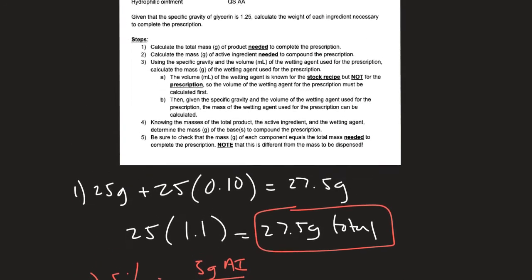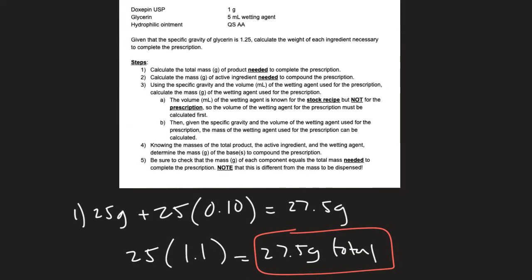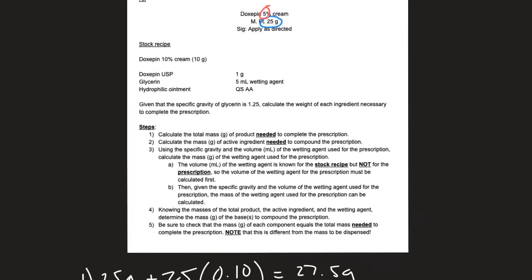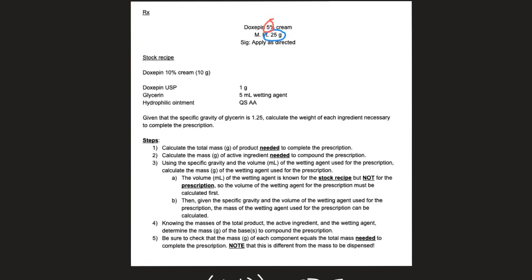So step 3, using the specific gravity and the volume of the wetting agent used for the prescription, calculate the mass of the wetting agent used for the prescription. However, we don't know how much wetting agent was used for the prescription, but we do know the volume of the wetting agent used for the stock recipe.